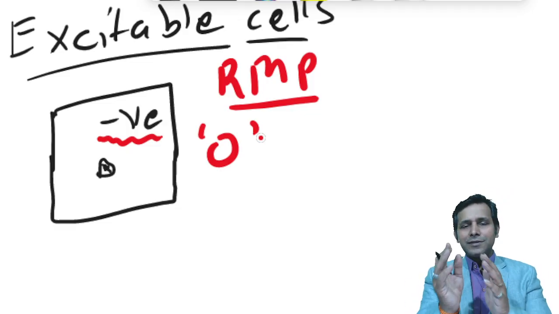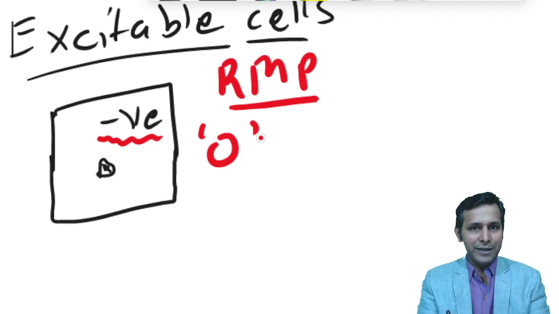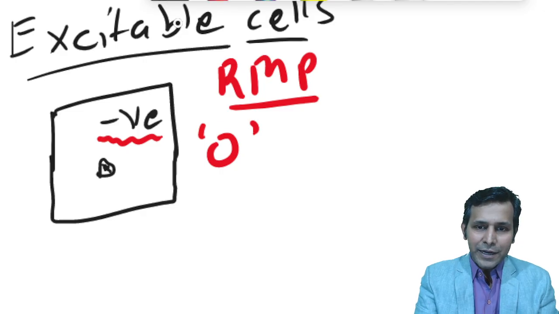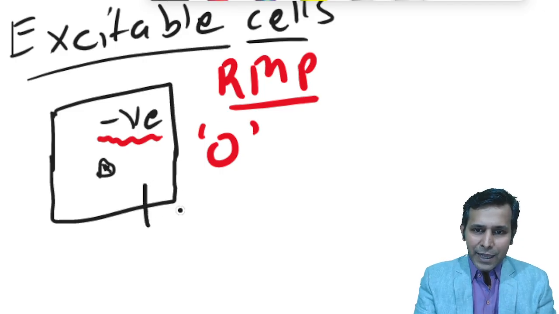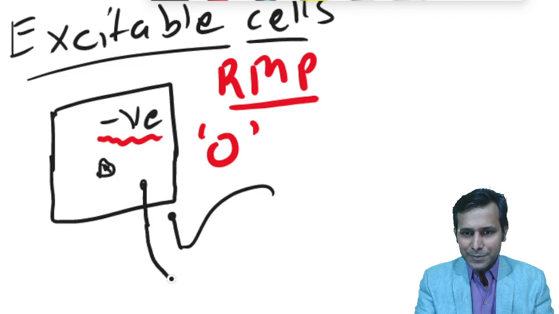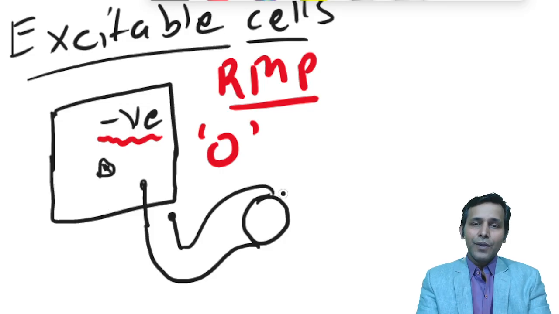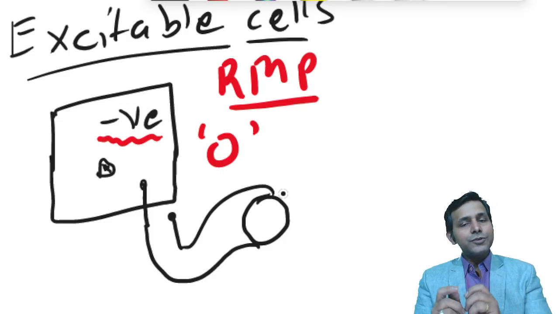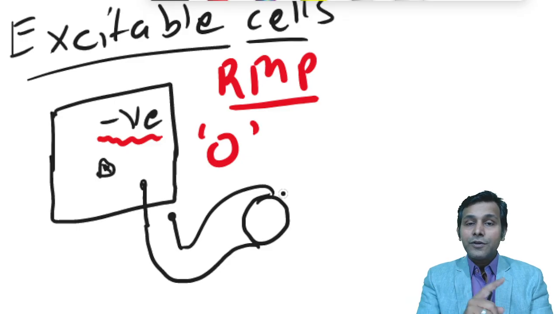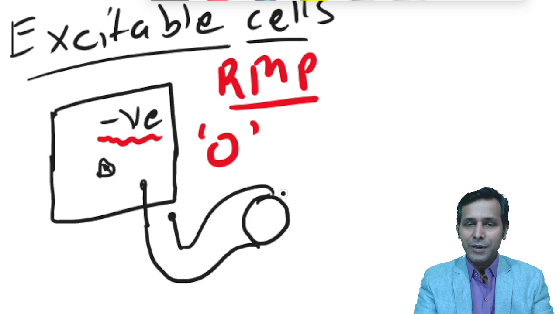How? Let us take a very simple experiment here. We have two electrodes in our hand. We place one electrode inside the membrane and one electrode outside the membrane. These two electrodes are connected to a voltmeter. When you connect these two electrodes to a voltmeter, the voltmeter will give the difference across the two sides of the membrane.